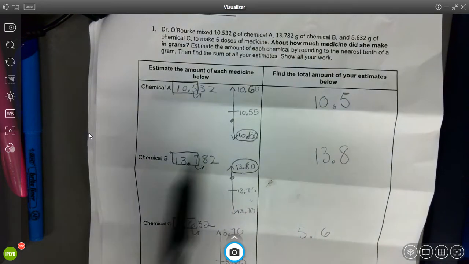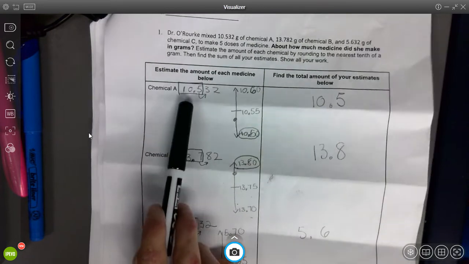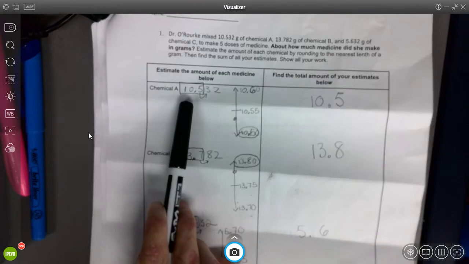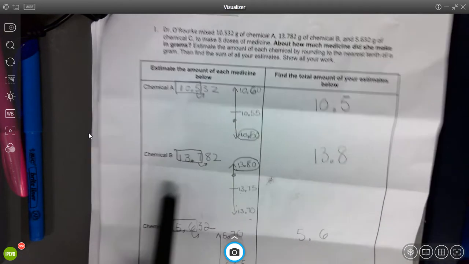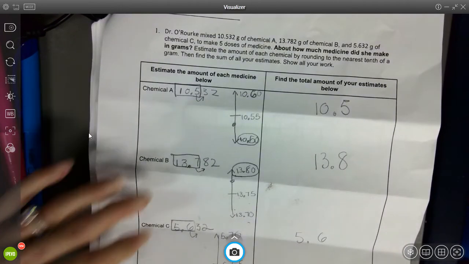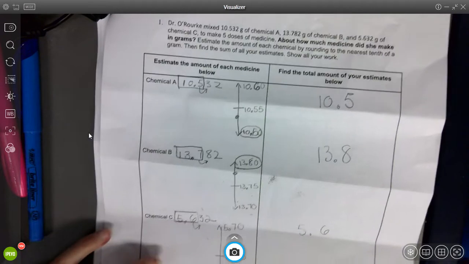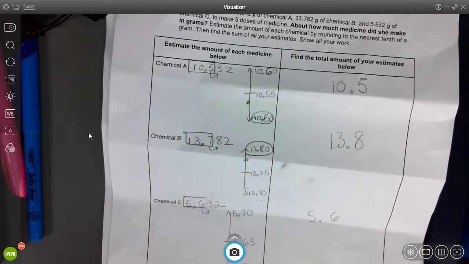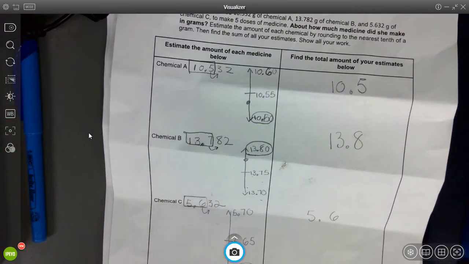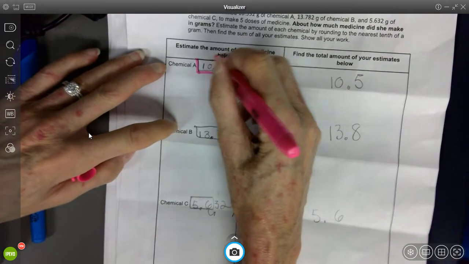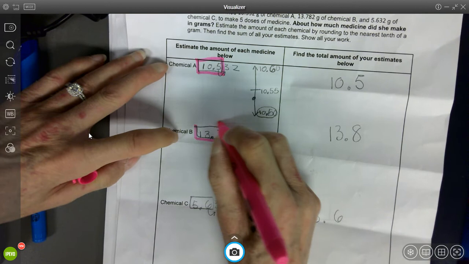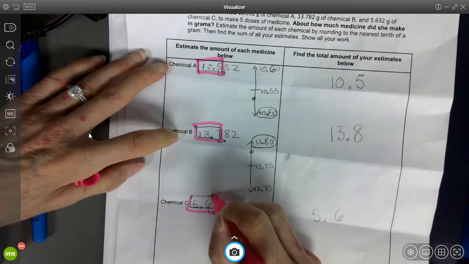So we have to read the problem and figure out how much is in chemical A, chemical B, chemical C. We're going to write those down, and then since we're rounding to the nearest tenth, we have to take those big numbers and box off to the nearest tenth.